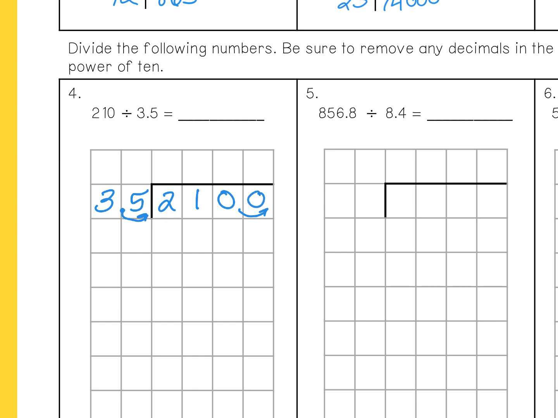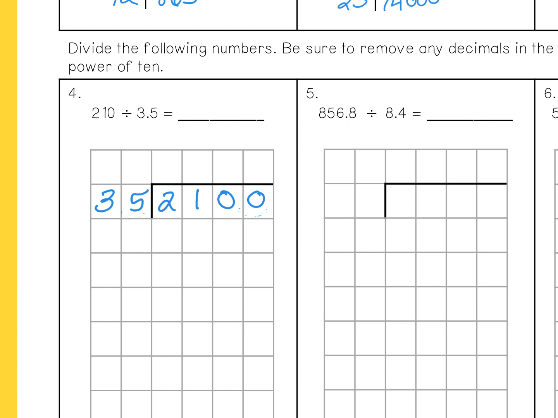Now I am going to solve the problem. I have 35 as my divisor, and 2,100 as my dividend, and now I can divide like normal.